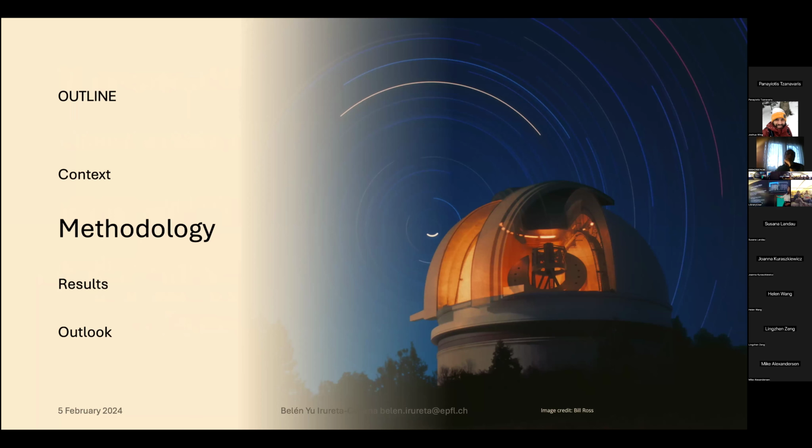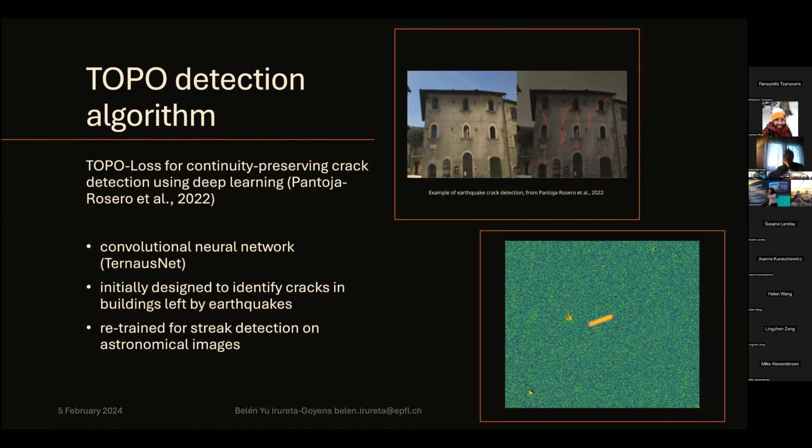So for this, the main idea has been to use a convolutional neural network, and more specifically, a model called TOPO, which is an algorithm that was initially developed to find earthquake cracks in buildings.